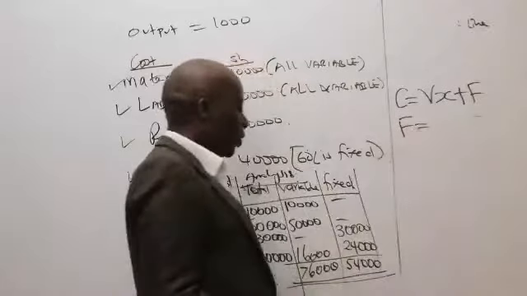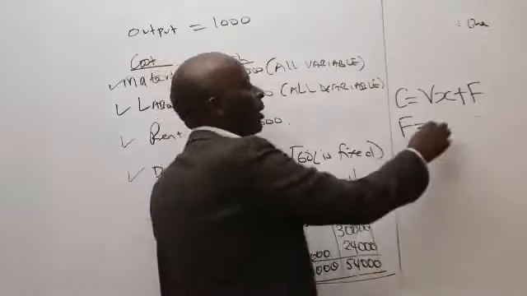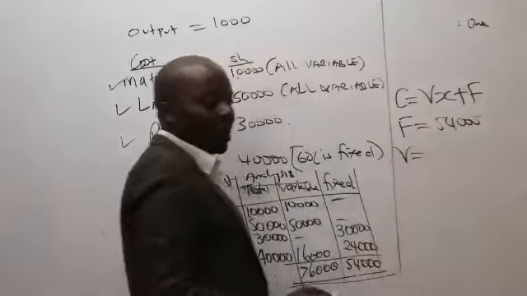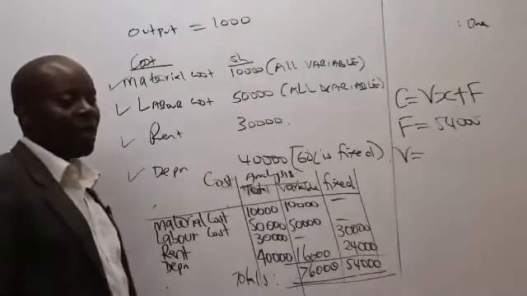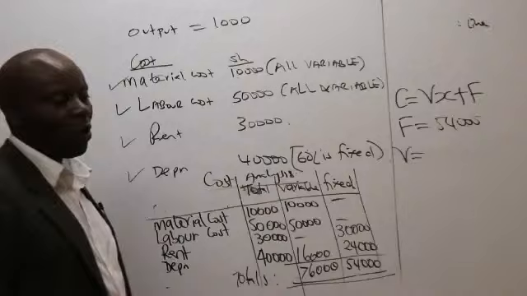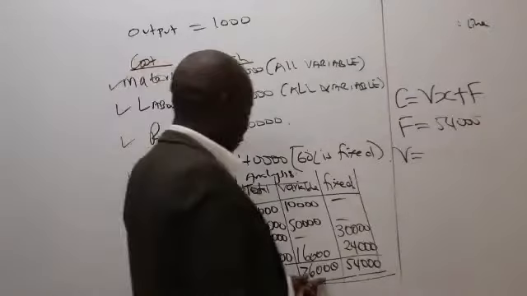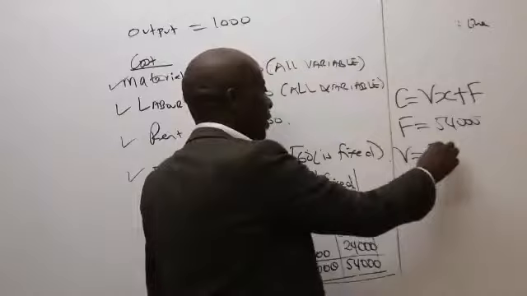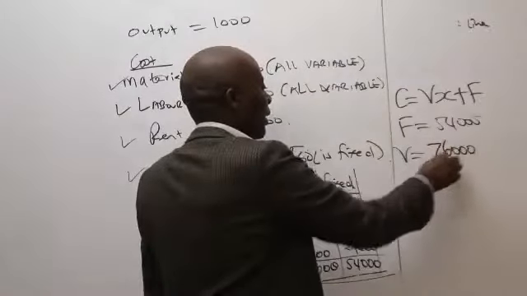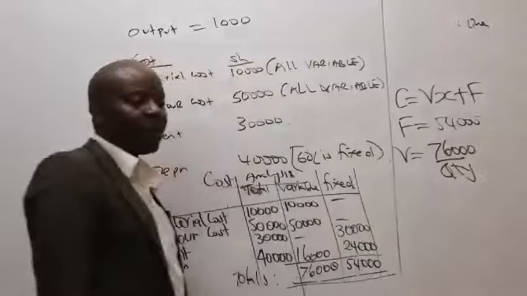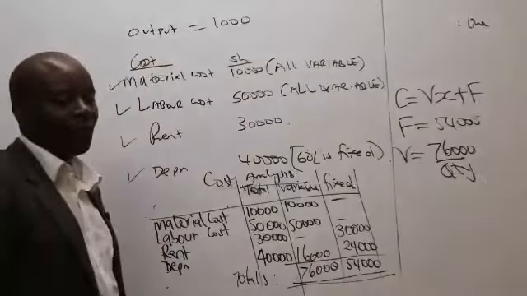I know that the fixed costs here are 54,000. However, you have to be very careful with V, because V is variable cost per unit. So whatever total variable cost you have here, you must divide by the quantity produced.